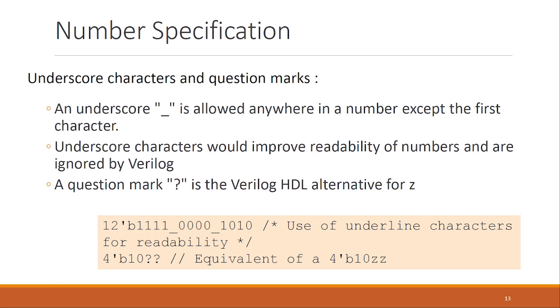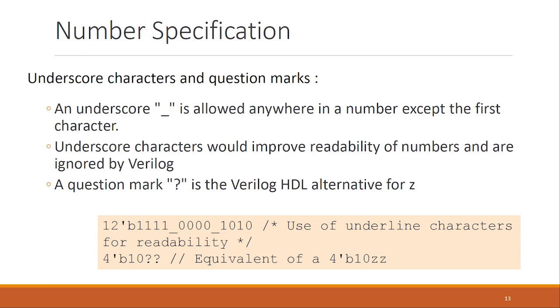And a question mark is the Verilog HDL alternative for Z. So instead of Z, which we discussed a little while ago, you can use this question mark as well. Now, two examples are given here related to this topic on this slide.